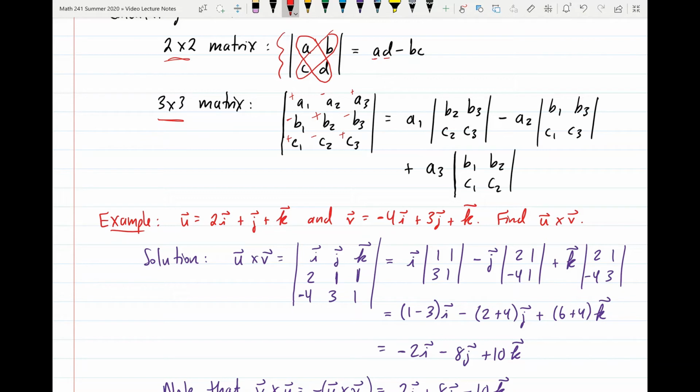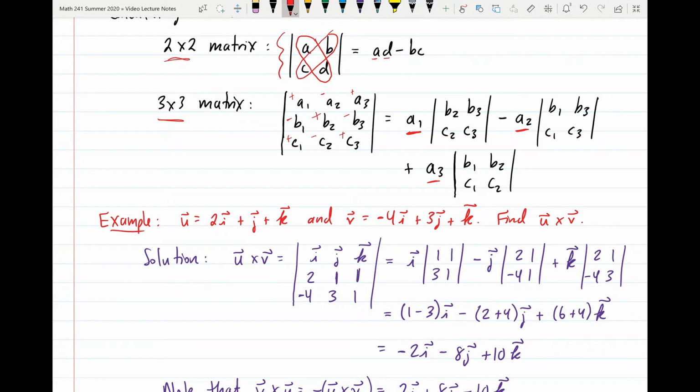You don't actually have to write this inside of your matrix. You just need to know that when you're doing the calculation here, we're going to bring out some of these terms. As you can see, I brought out the A1, the A2, and the A3. And when you bring out those terms, they're going to carry with them the sign that is assigned to them.